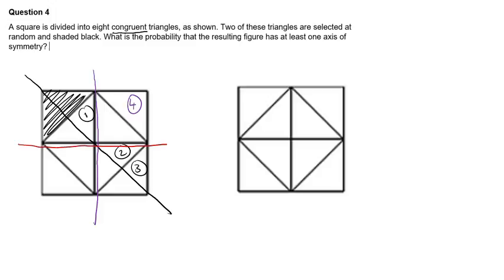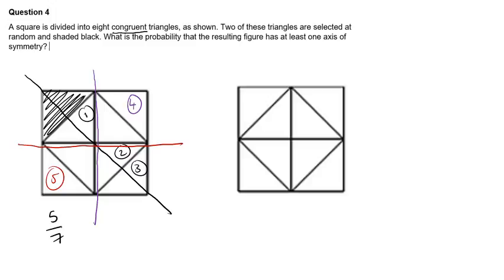And if it's a line of symmetry going horizontally, if it was this triangle which was shaded, we would get a line of symmetry too. So that would give us 5 out of 7 triangles would give us a line of symmetry if it was one of the corner triangles which was shaded.